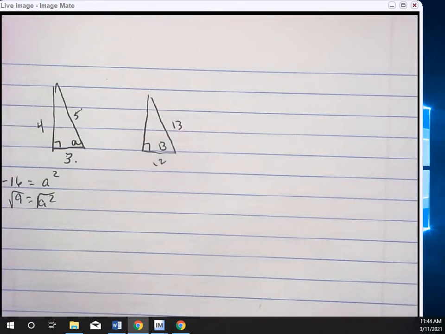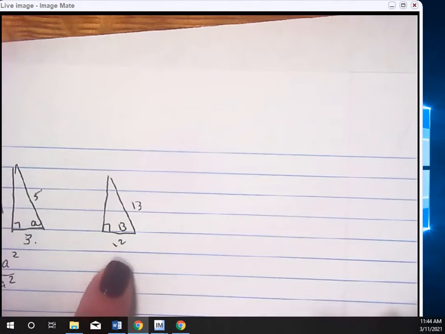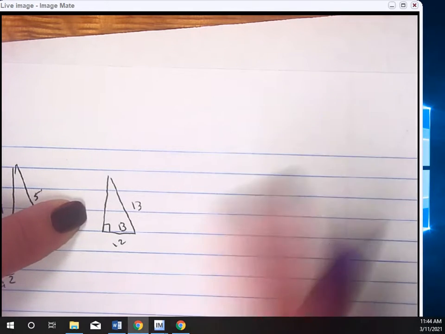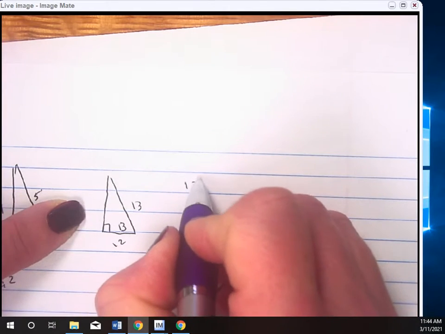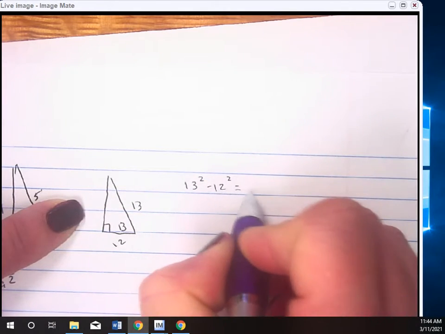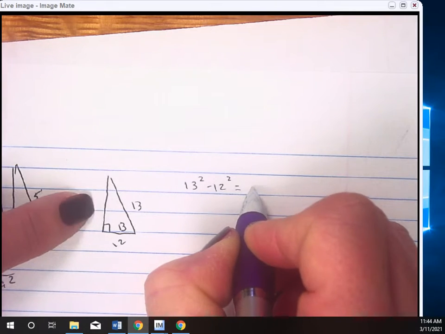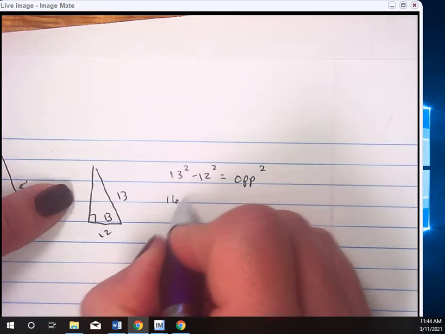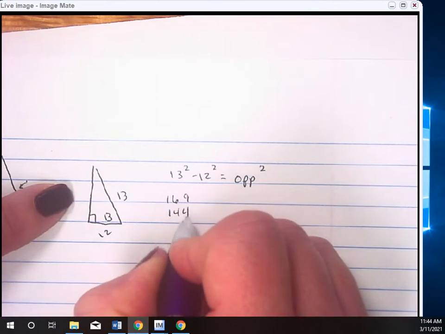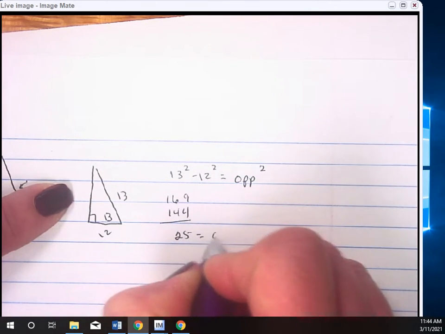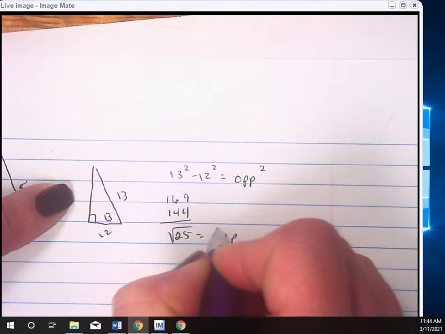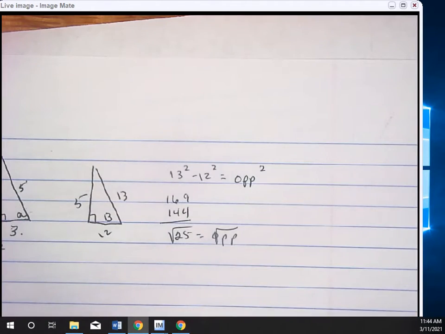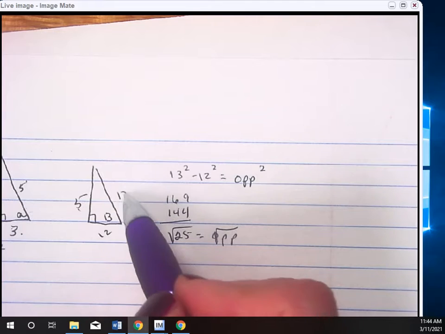I come back over here and I've got beta. How do I find this one? Well, the same thing, the Pythagorean theorem. 13 squared minus 12 squared equals my opposite side squared. 169 minus 144 is 25. The square root of 25 is 5. Sine is opposite over hypotenuse, so 5/13.